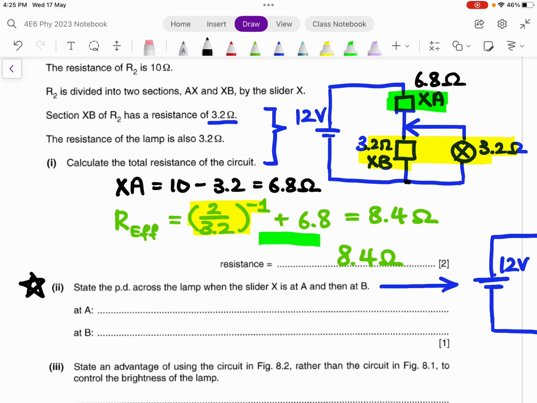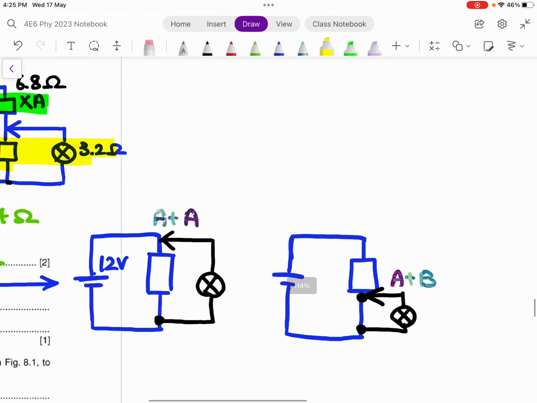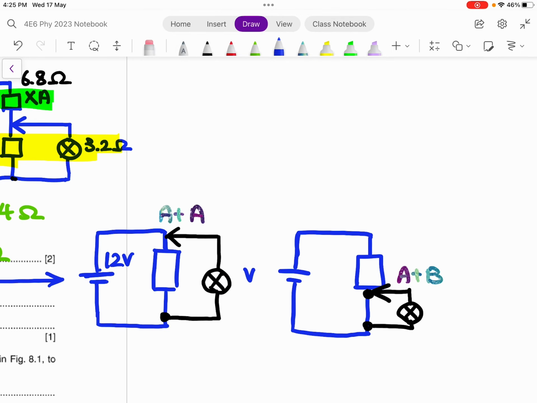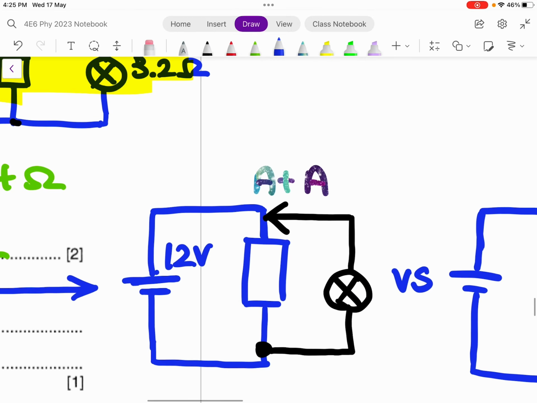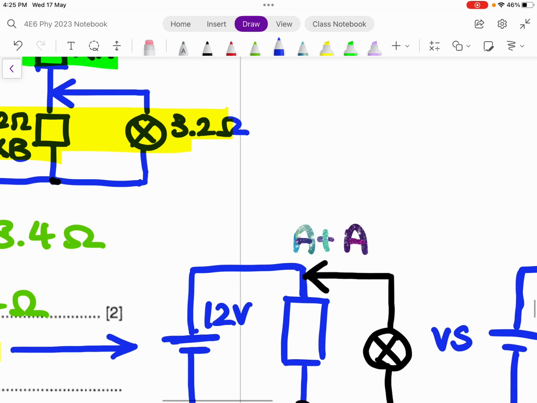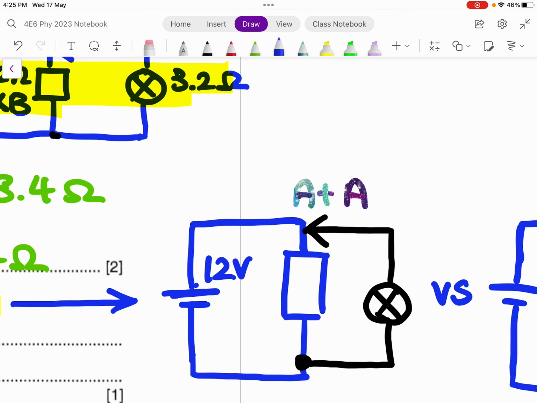So for your part 2, they are saying that the slider X is at A, and then you have slider X at B. So the circuit becomes like this. One is that the slider X is all the way past the whole wire at the end of the resistance wire, so the current will flow through this entire resistance wire, and that's at A, right?